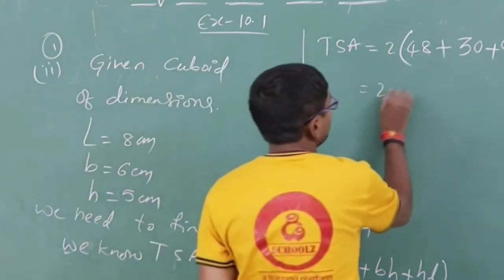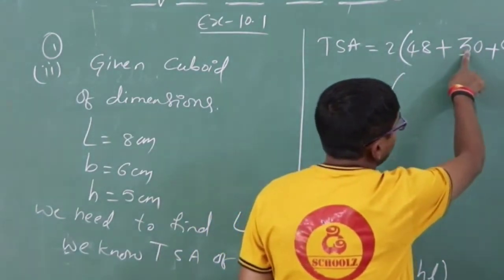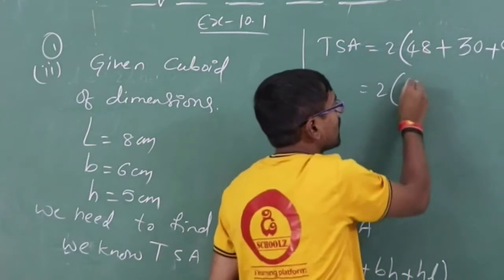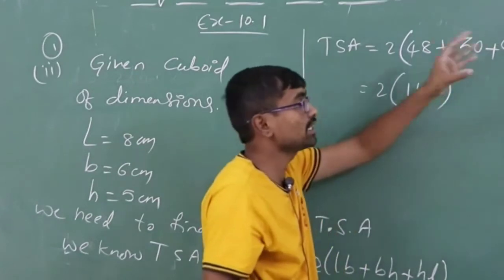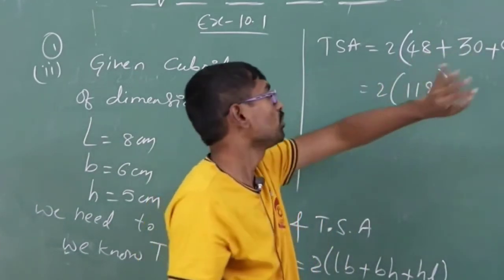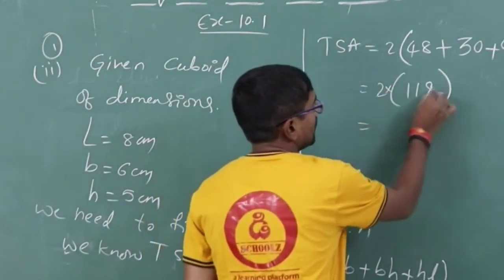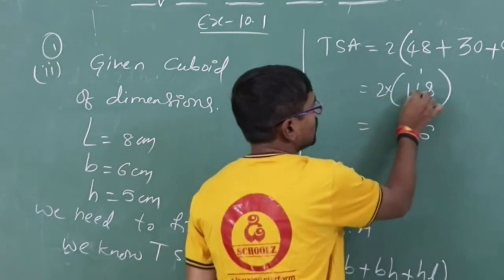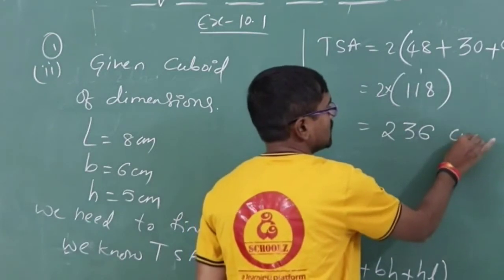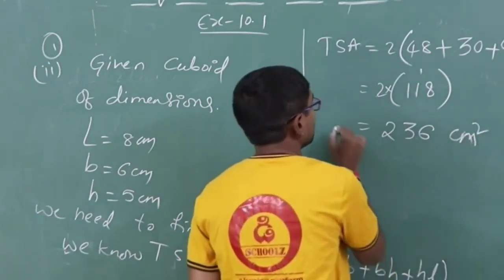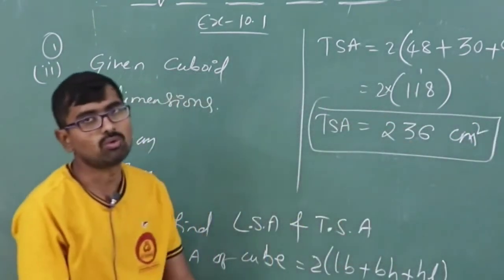Now coming to addition, if I add all of these: 40, 70, 80, 90, 100, 110, plus 8 is 118. Now if I multiply these both, 2 eights are 16, 2 ones are 2 plus 1 is 3, 2 ones are 2: 236 centimeter square is the required total surface area of the given cuboid.